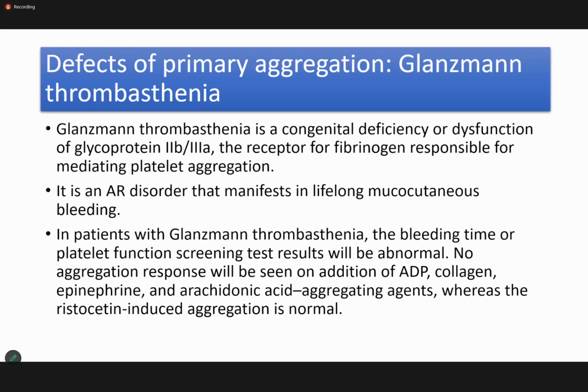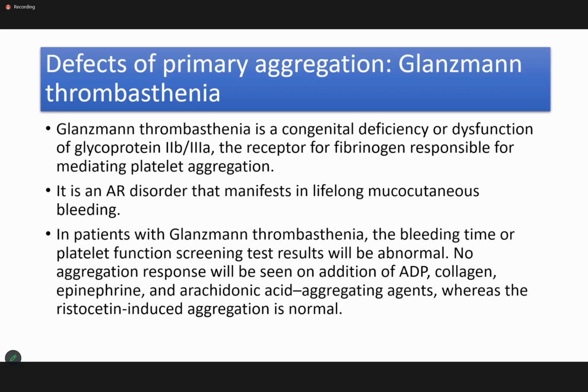Glanzmann, as you all know, is a congenital deficiency or dysfunction of the glycoprotein IIb/IIIa, which is the receptor for fibrinogen, responsible for mediating platelet aggregation. It is an autosomal recessive disorder that manifests in lifelong mucocutaneous bleeding.